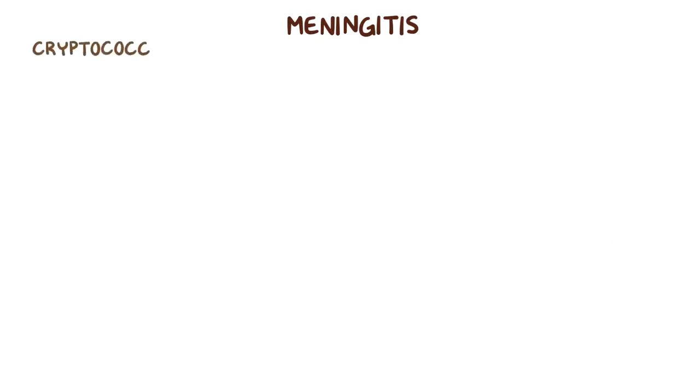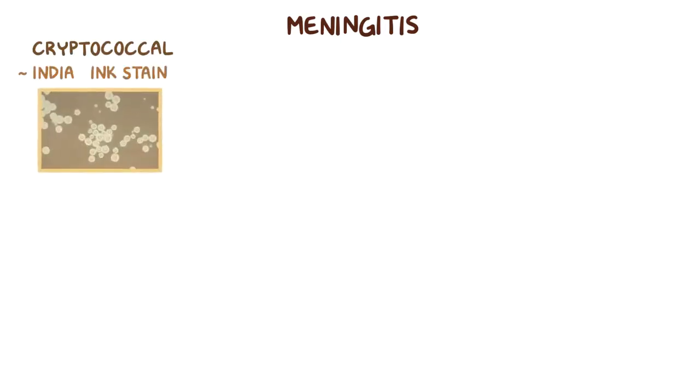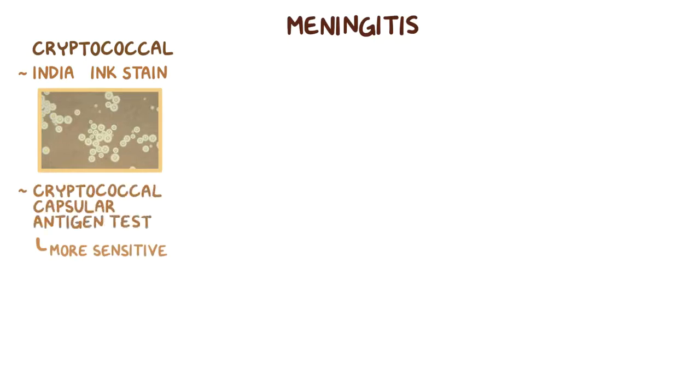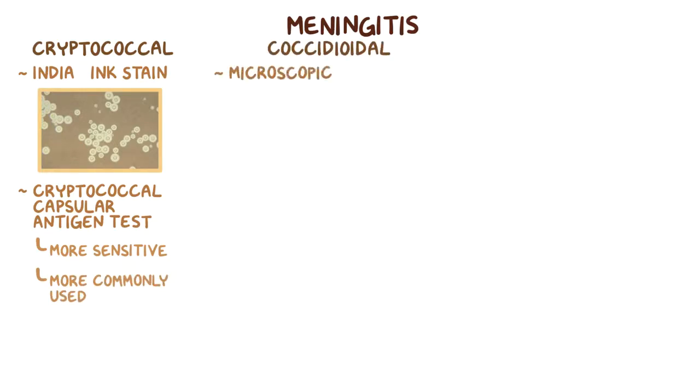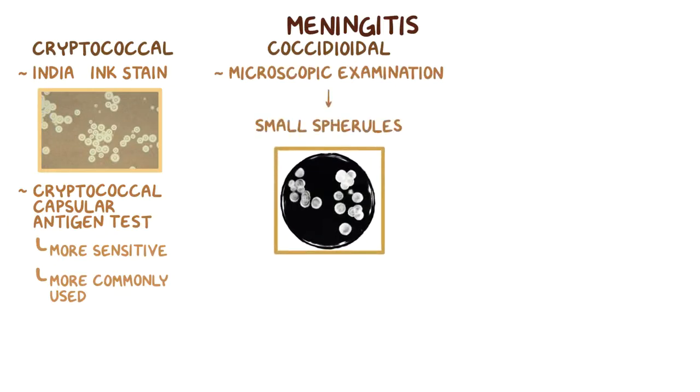If cryptococcal meningitis is suspected, an India ink stain is obtained on the cerebrospinal fluid, which shows broad budding yeast and a thick fungal capsule that does not take up the stain. However, the more sensitive cryptococcal capsular antigen test has taken over and is more commonly used. In coccidioidal meningitis, microscopic examination of the cerebrospinal fluid may reveal small spherules.